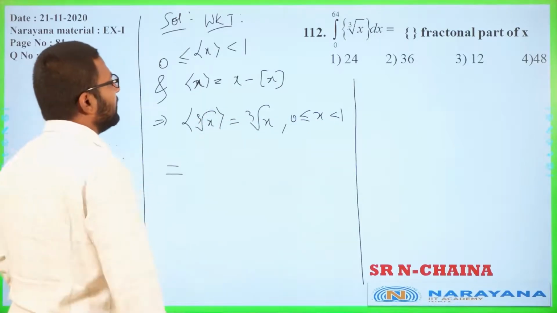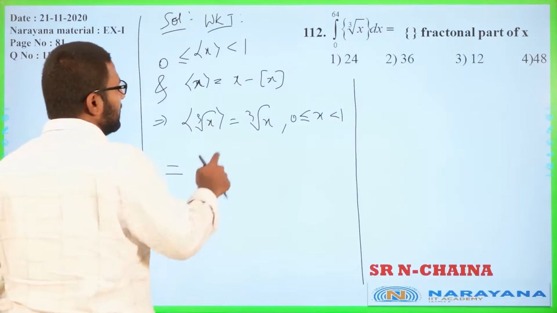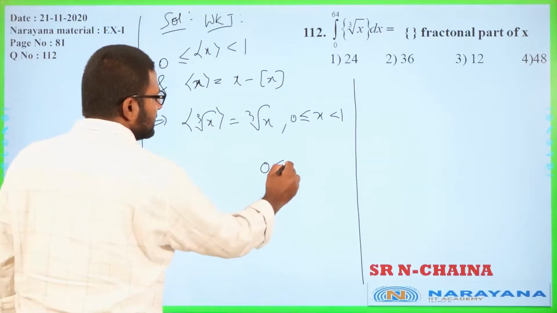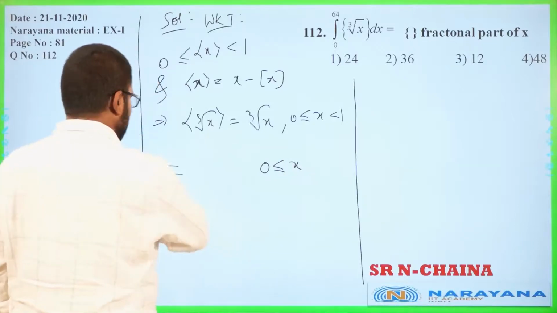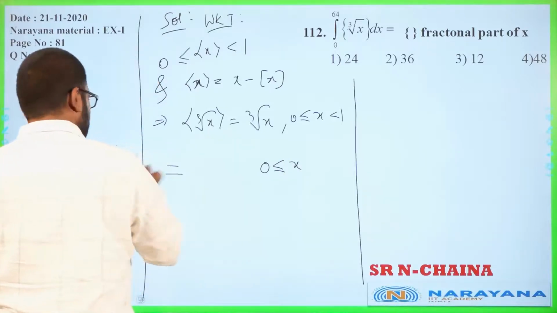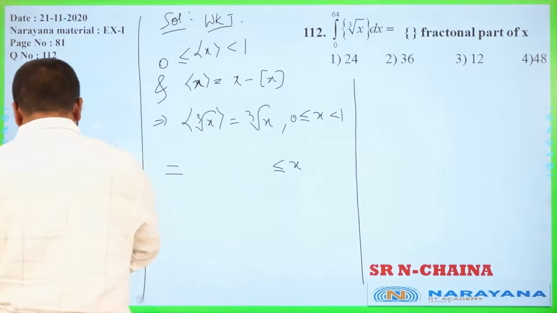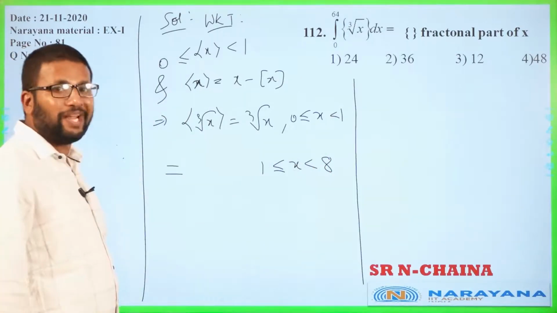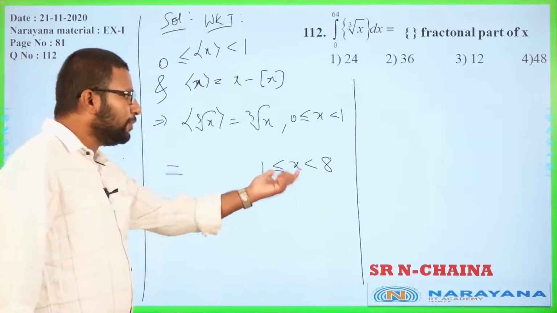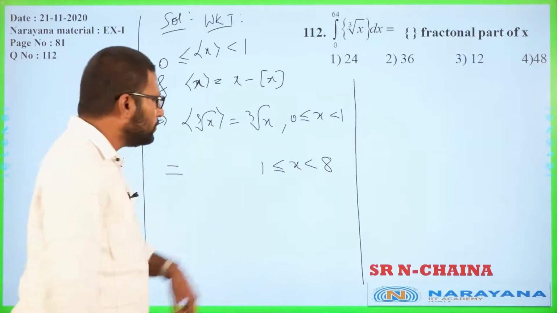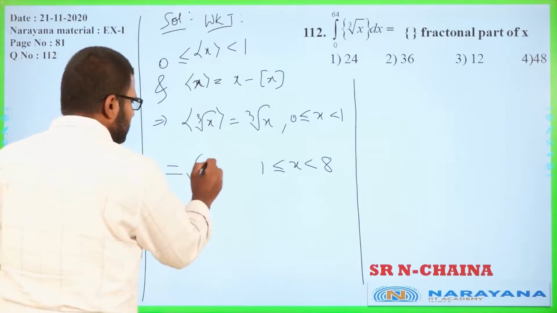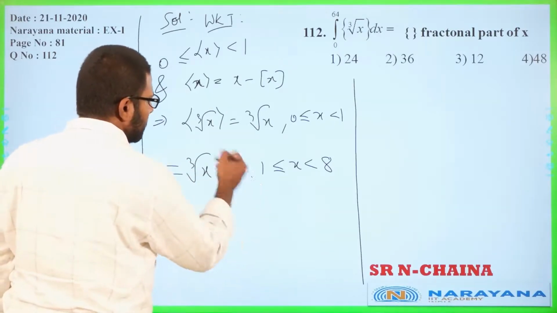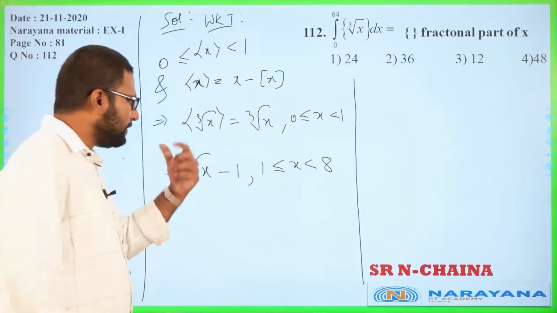Then think about this, for x lying between 1 to 8, cube root of x will lie between 1 to 2. Therefore, its fractional part would be cube root of x minus 1.